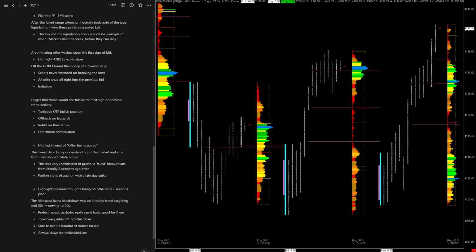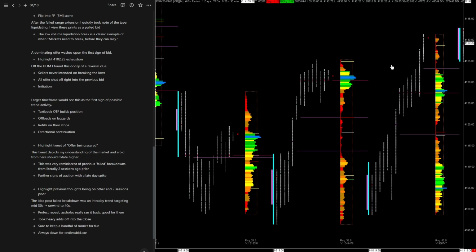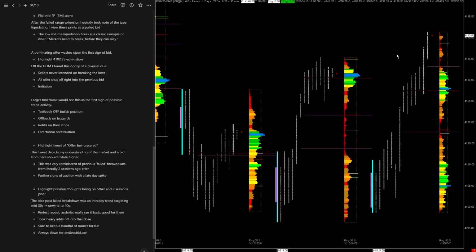The Thursday session actually ended up not having a very great liquidation. It was actually pretty cloudy, but this one was pretty prominent, a very empty offer into the lows, as I mentioned. It was just a scared offer. They weren't ever intending on breaking lower. And then we ended up getting that final push to the highs with the unwind to 41.40 to trade.